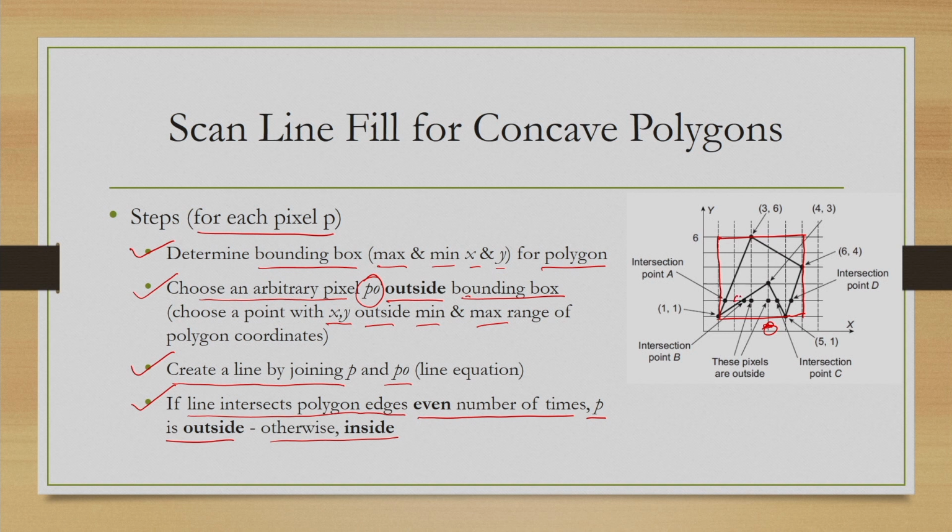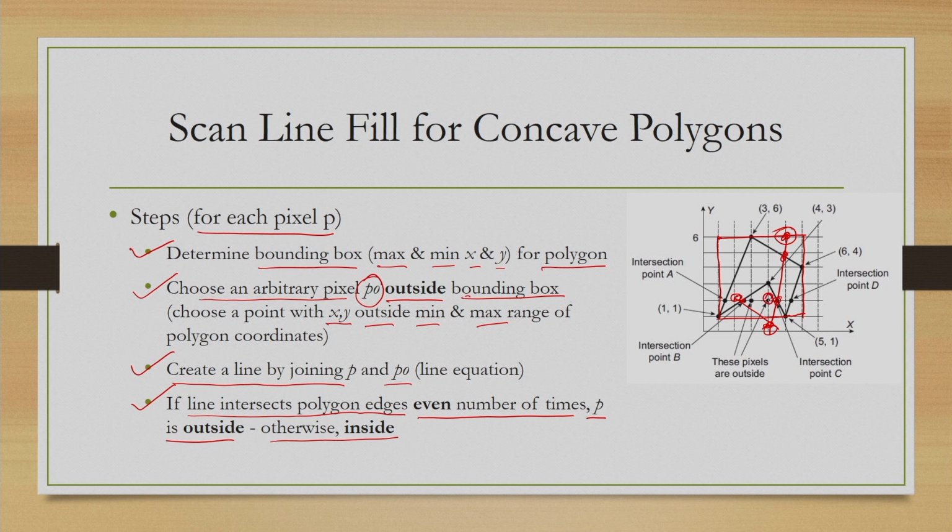As you can see, suppose we have a pixel here and we join these two pixels, it intersects one time, that is an odd number of times. So, this pixel is inside, whereas if we are dealing with a pixel here and we are joining this, as you can see here, intersection is twice, that is an even number of times. So, this pixel is outside.